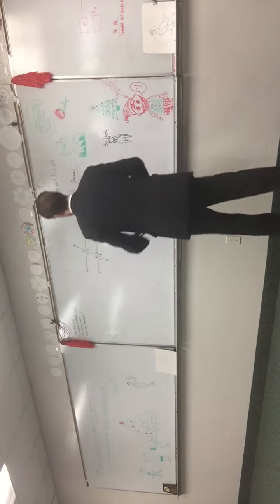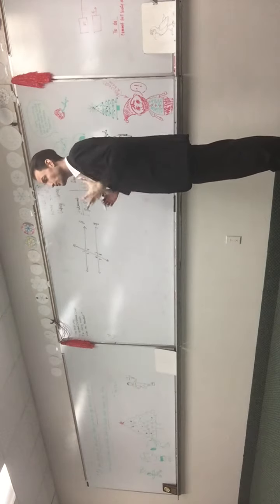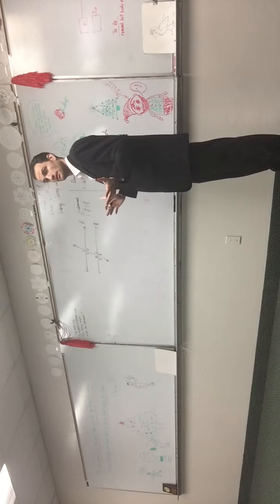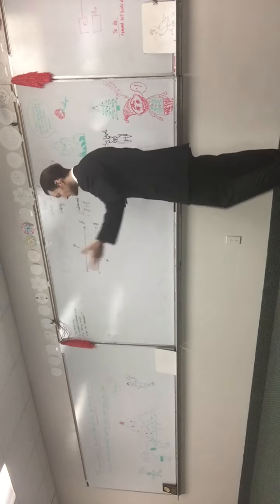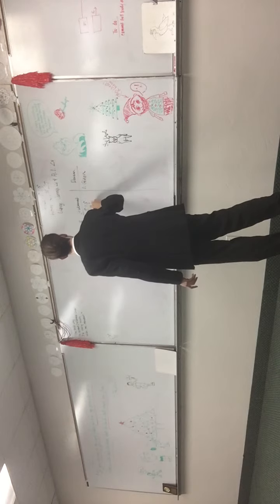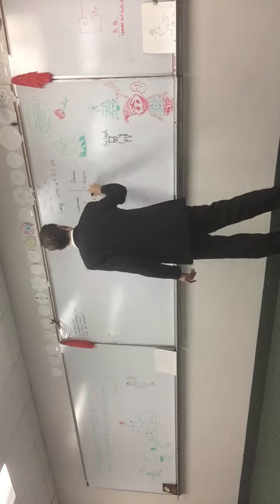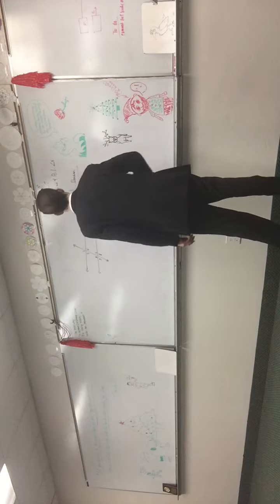So let's start where you left off, because there are lots of ways we can get there. It's up to you just to figure it out and make sure it makes sense. So he said angle 1 is congruent to angle 5, and how do I know that? Corresponding angles.